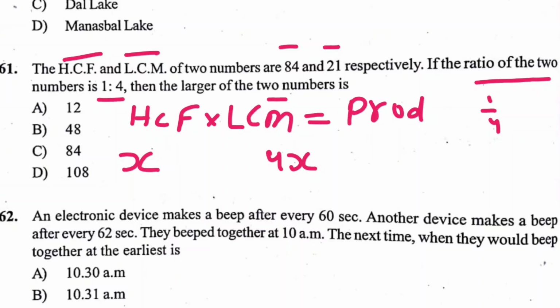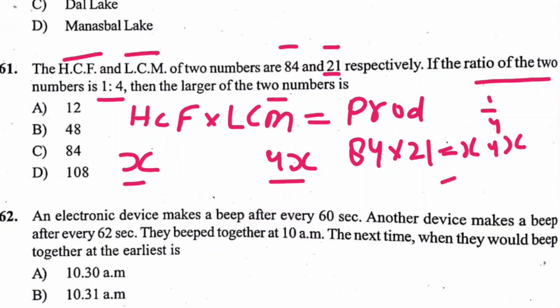That means if this is the smaller number and this is the larger number, HCF into LCM should be equal to the product of the two numbers. Implies, if I write it here, HCF we know it is 84, times LCM which is 21. It should be equal to the product of two numbers, that is x into 4x, which becomes 4x square.